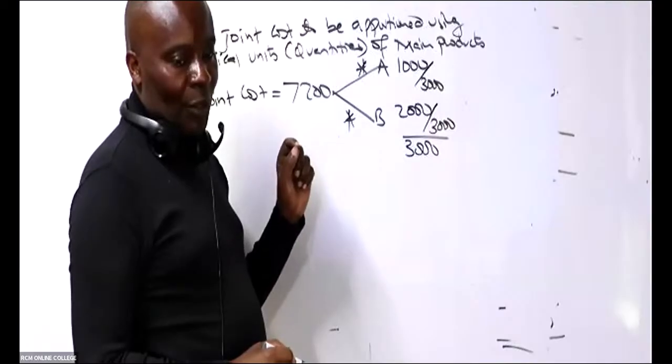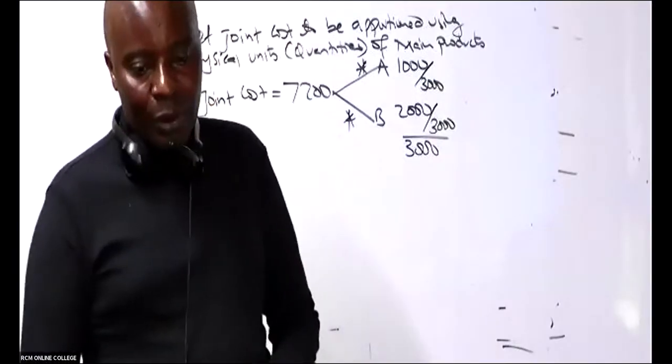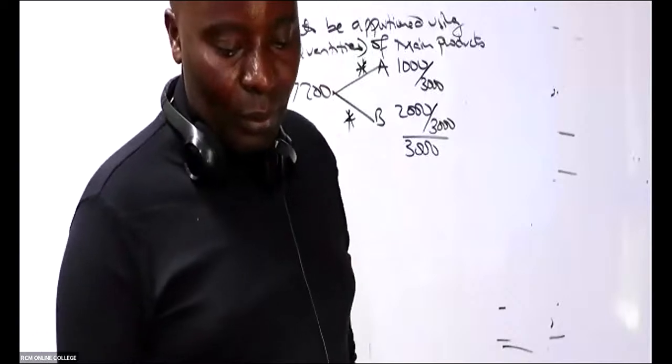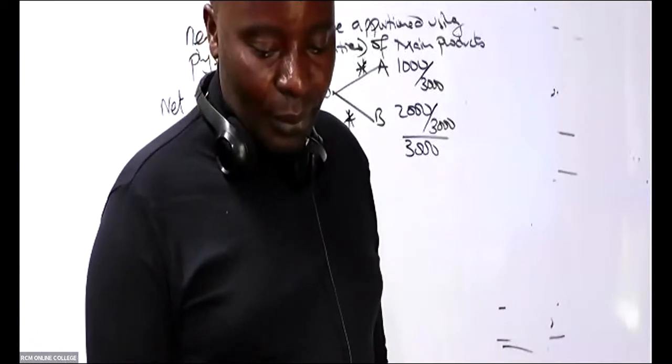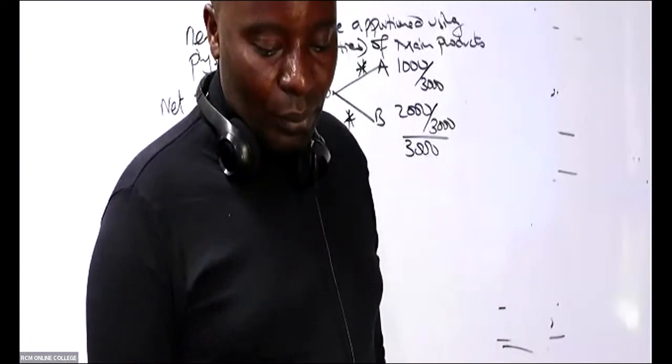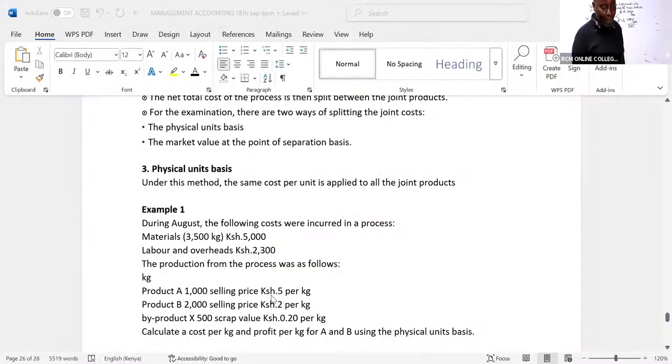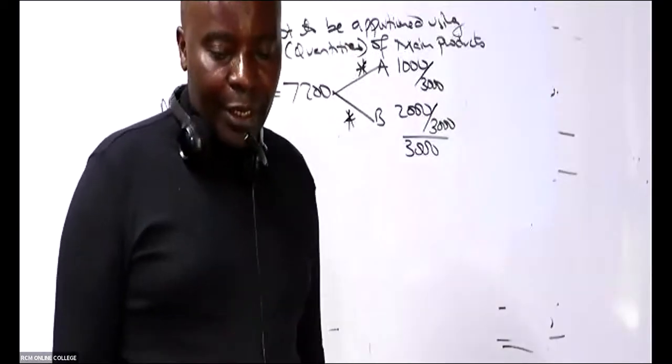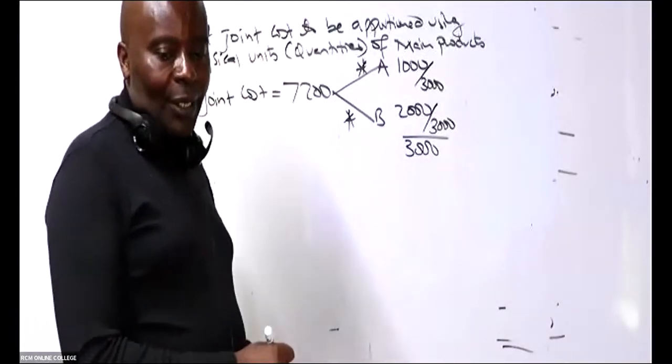Are they selling prices? No, don't use them, it will be biased. You can see here product A is 1,000, and the selling price is the one that is 5 Kenya shillings. All right, no problem here.